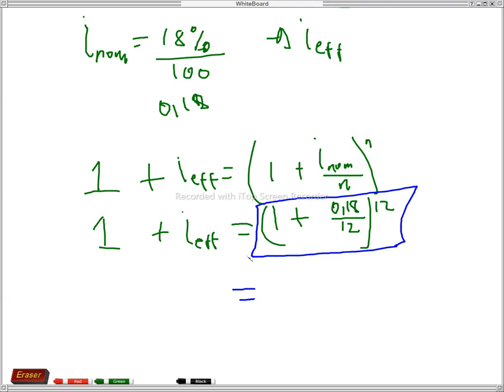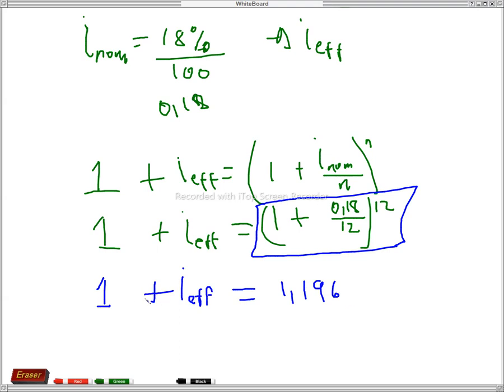So my answer here on my right hand side is 1.196, and we also have the 1 there. So what's going to happen, I'm just going to transpose this 1 to the other side of the brackets, meaning to the right hand side there.